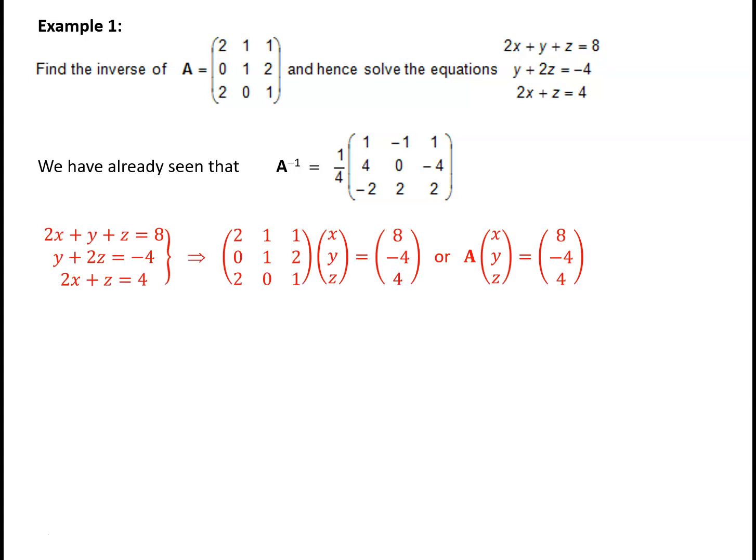So, the system of equations that we've got, 2x + y + z = 8, 0x + y + 2z = -4, 2x + 0y + z = 4, can be written in matrix form as 2, 1, 1, 0, 1, 2, 2, 0, 1 times x, y, z equals 8, -4, 4. In other words, we've got our matrix A times x, y, z equals 8, -4, 4.